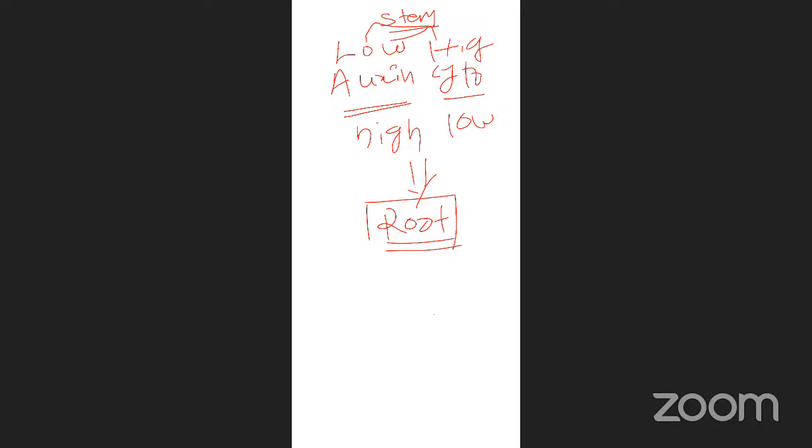In stress condition, unfavorable condition, the plant body produces abscisic acid, and due to its effect the stomata are closed. What happens if the stomata are closed? Is there any transpiration? Is there any evaporation of water? No, sir. So that's why this is called closing of stomata. It is mainly formed in stress condition, unfavorable condition.